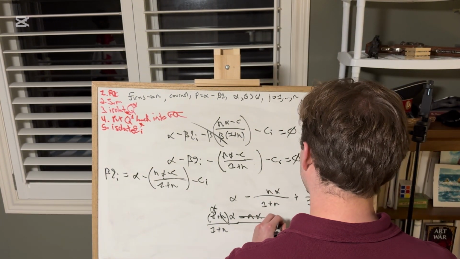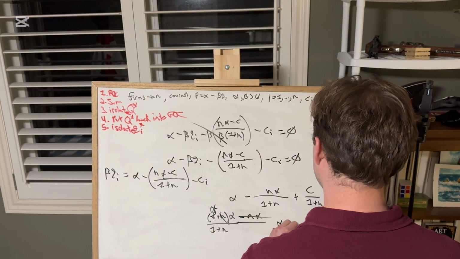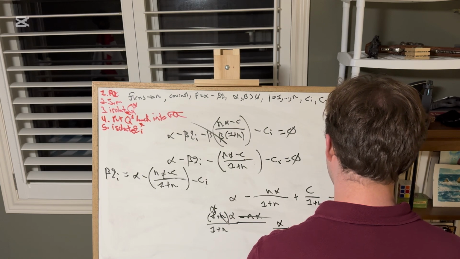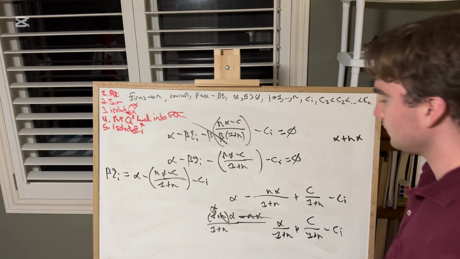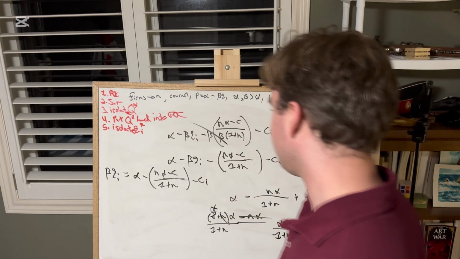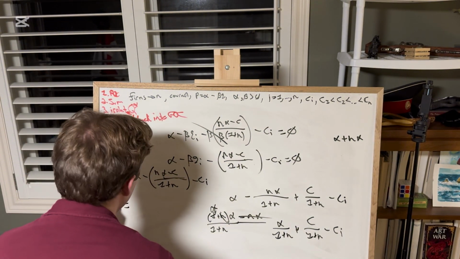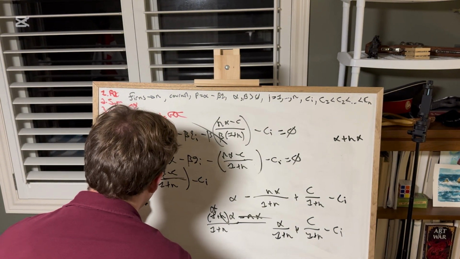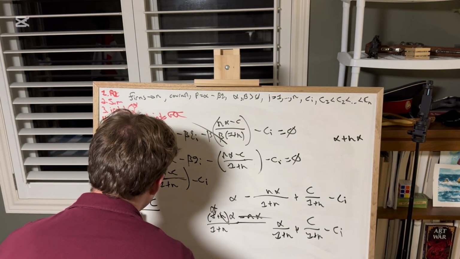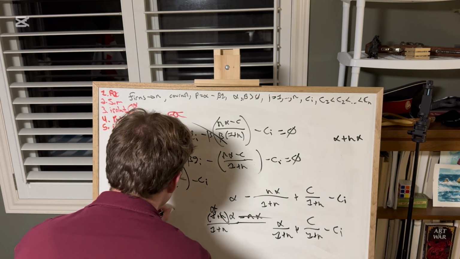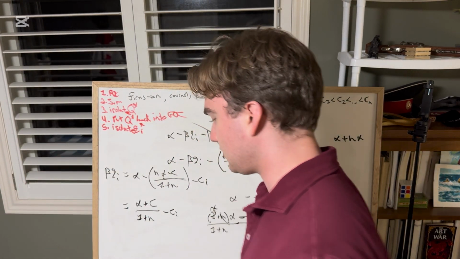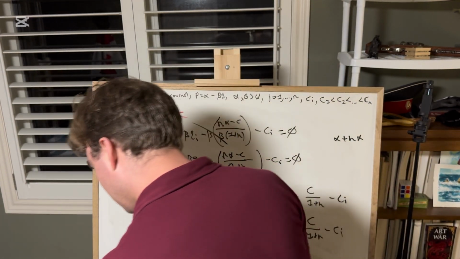So you're left with alpha over 1 plus n plus big C over 1 plus n less ci. You smush those together. It's equal to alpha plus big C over 1 plus n less ci. And that looks a lot better. I think that's exactly what we need to have.